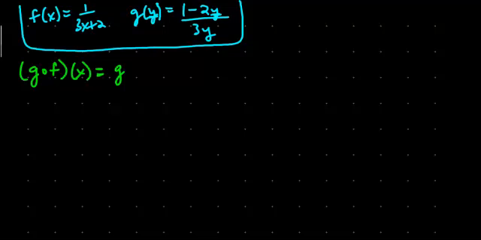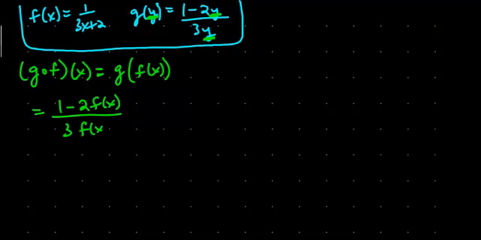So this is g of f of x, which equals, g says whatever you put here, put it there. So it's going to be 1 minus 2 f of x over 3 times f of x. Now let's substitute in for f of x, 1 over 3x plus 2.